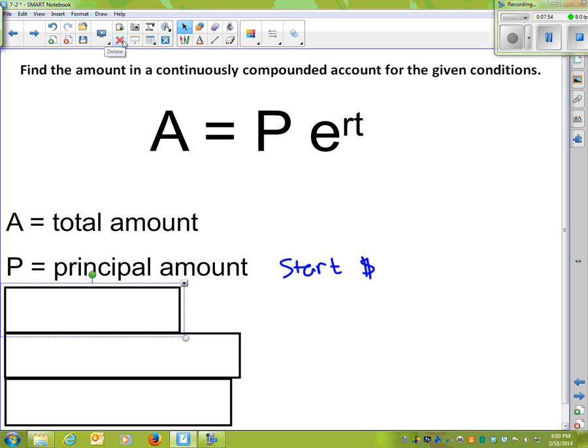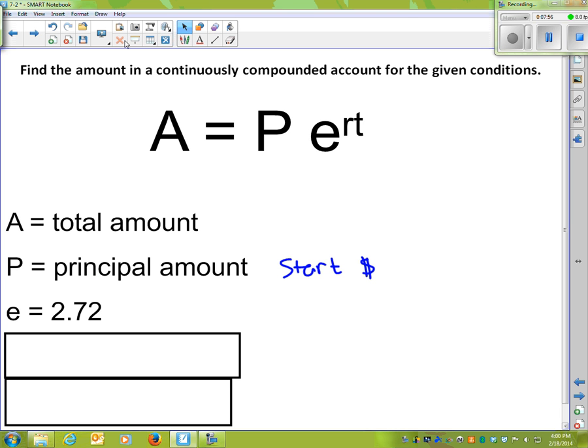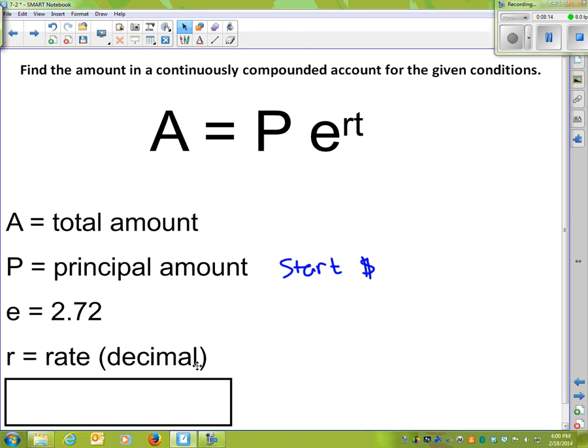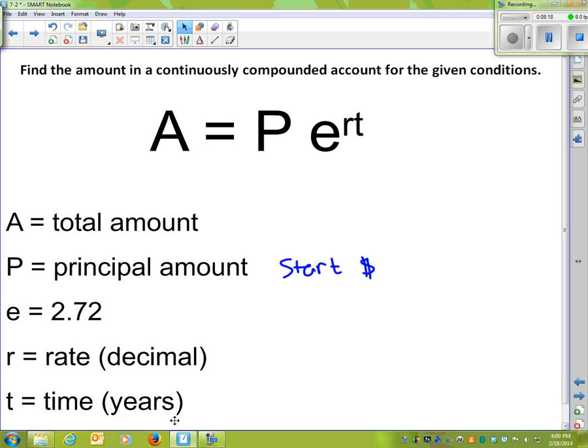E is a number similar to pi, where pi is 3.14. E is assumed or rounded to 2.72. It's a button on your calculator. You can use that button, or you can use 2.72. R is your interest rate in decimal form, and T is the time in years.